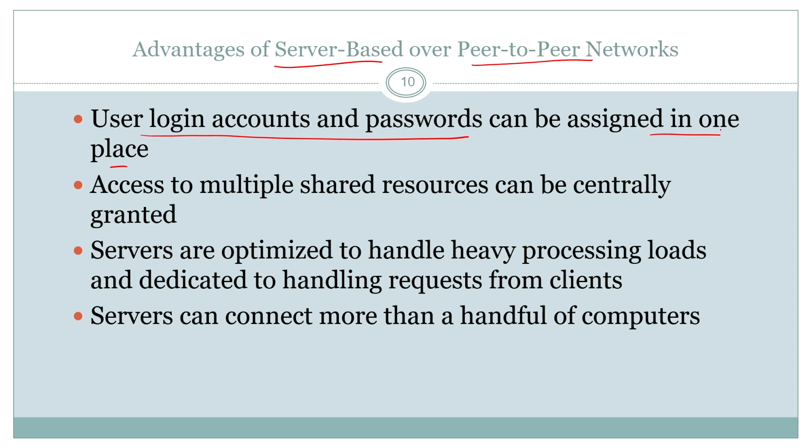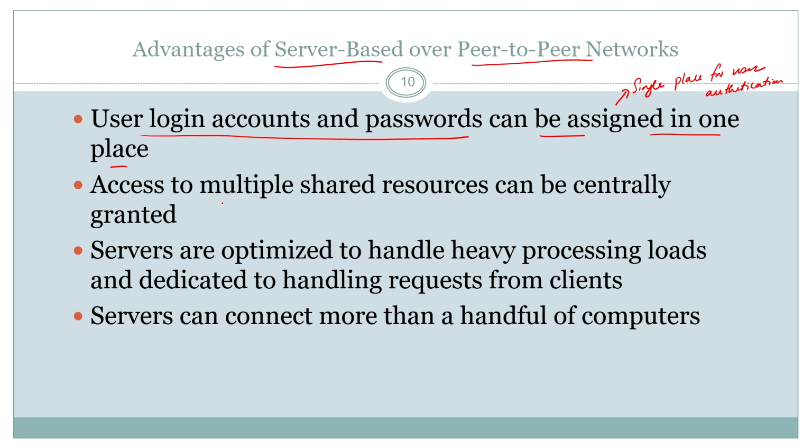So, there is a single place for user authentication. You can have a single machine where the user accounts and passwords are assigned. So, all the credentials of the user are managed in one location.